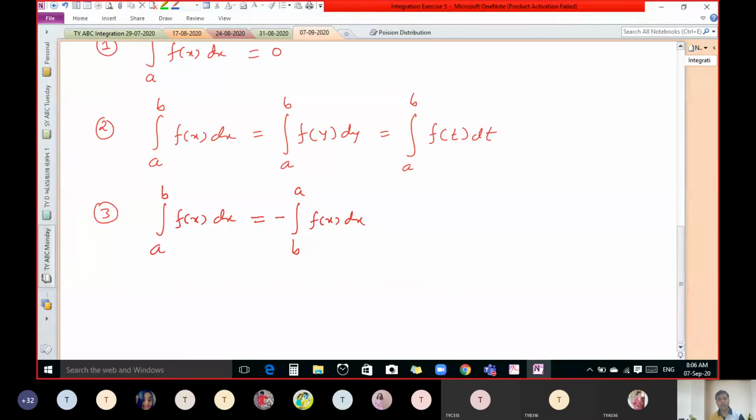If the answer of the left hand side is 500, the right hand side is also 500, but because of this minus sign, the integration value is minus 500, and with minus minus 500 you will get plus 500. That means the answers of these two are the same, but the sign is changed.